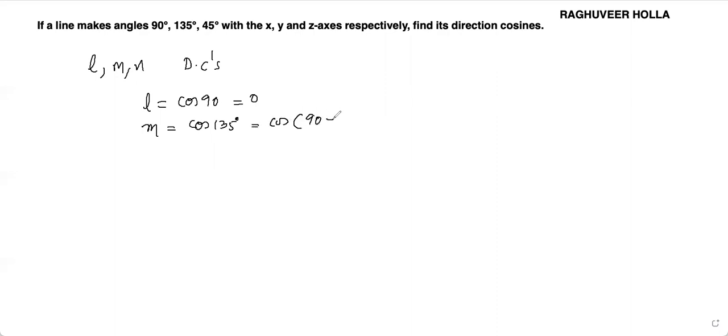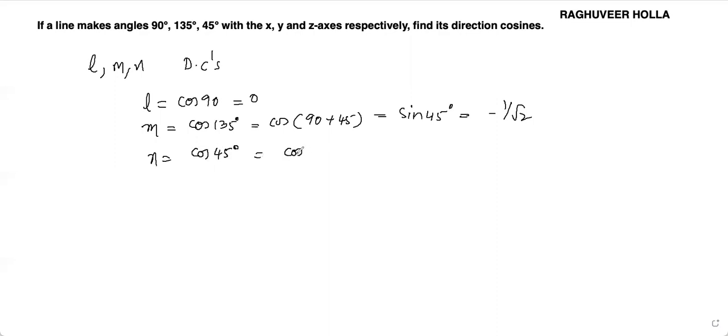of 90 plus 45, which is minus sine 45, and this is minus 1 by root 2, and N is cos 45 degrees.